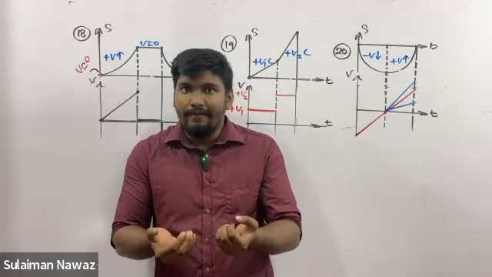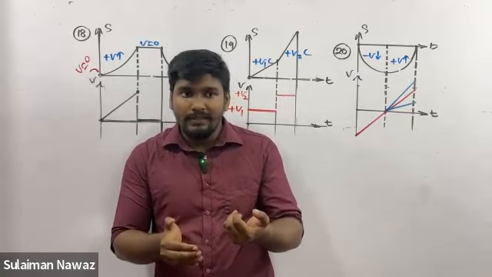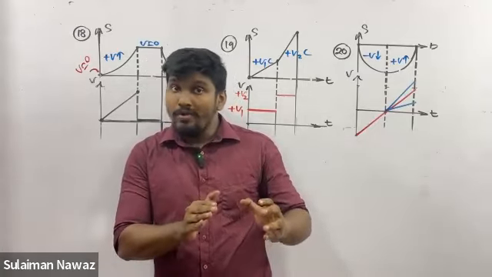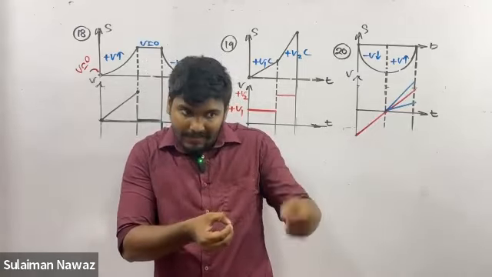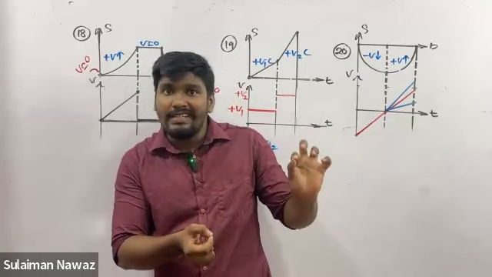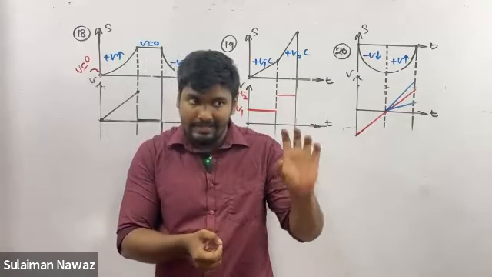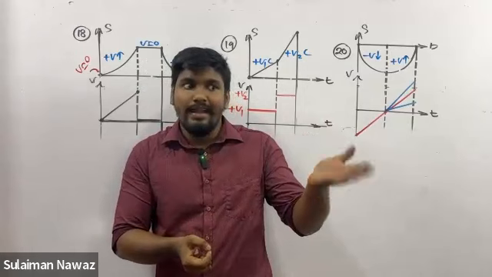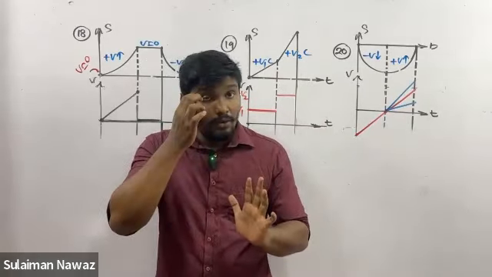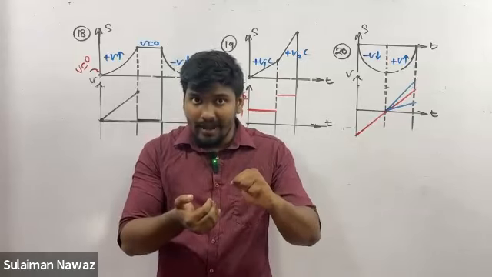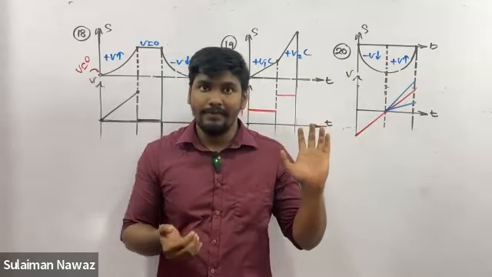In an ST graph, gradient represents velocity. Therefore, we always check the variation of gradient in the ST graph, and that is the velocity variation in the VT graph. That's the idea. Now we are converting VT graphs into ST graphs.